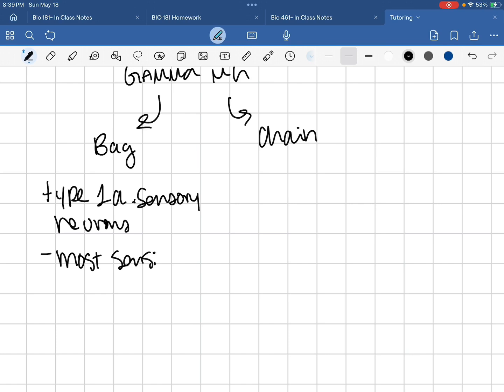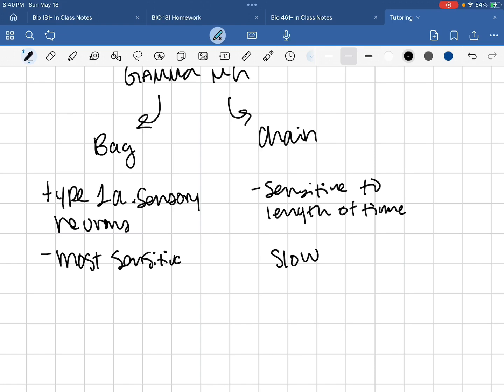Then we have our chain fibers, and they're slow. So these ones are slow and sensitive to the length of time the stretch is occurring.